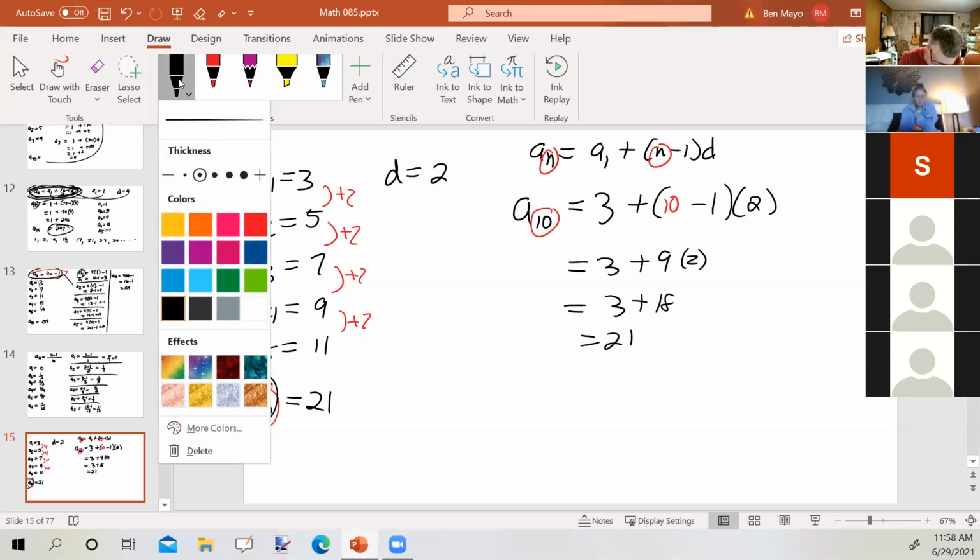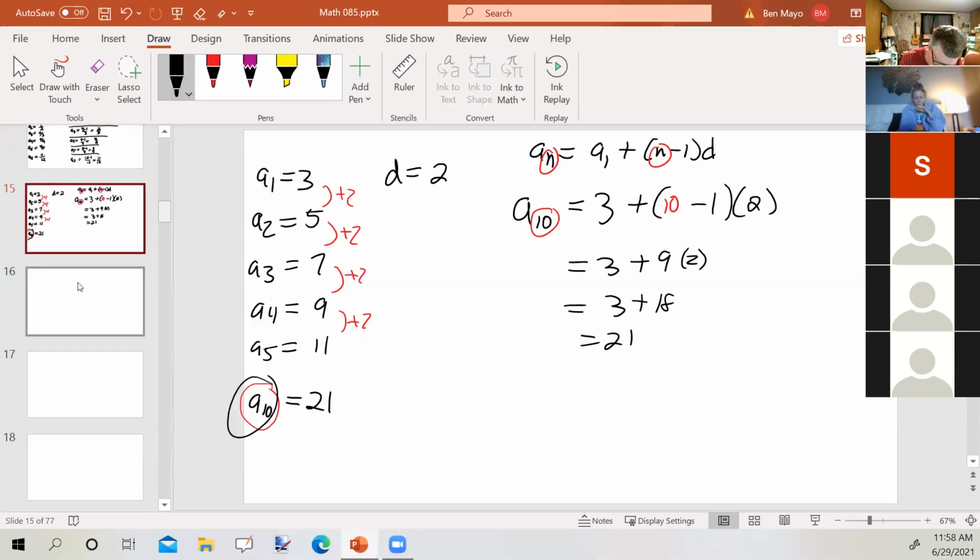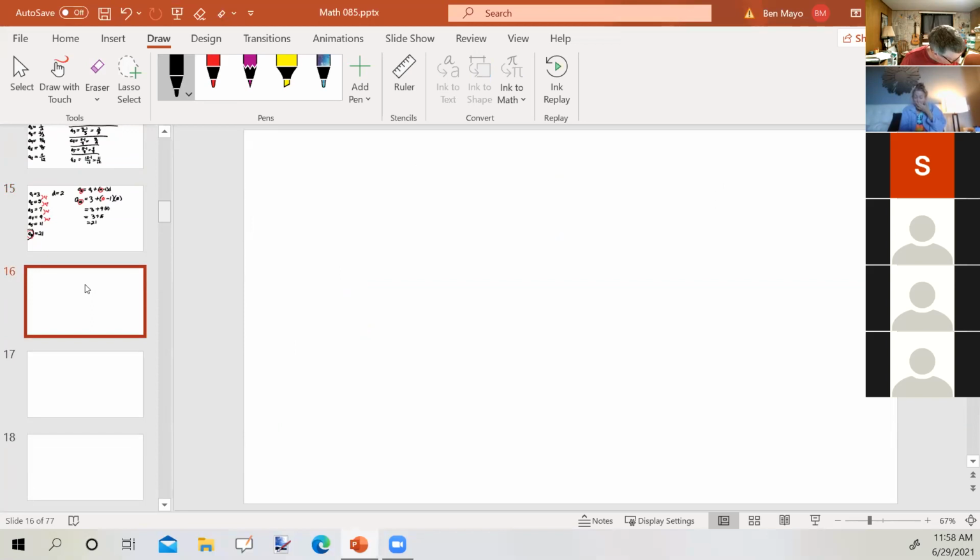All right, let's go on to another problem. Again, we're going to find the first 5 terms of an arithmetic sequence with given properties and then a specified term.